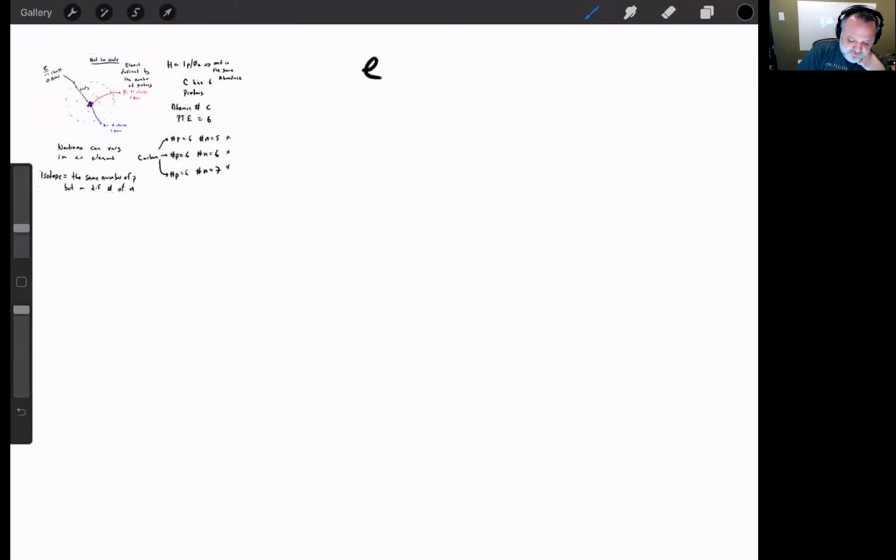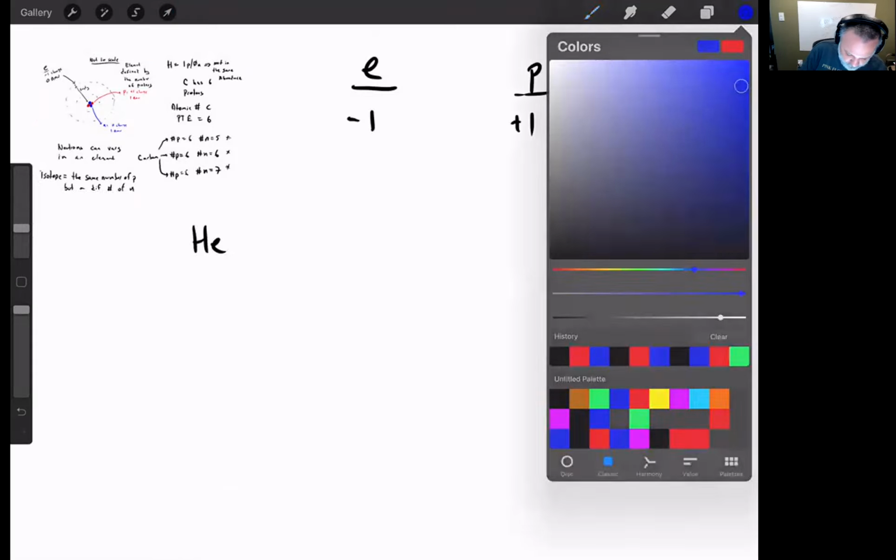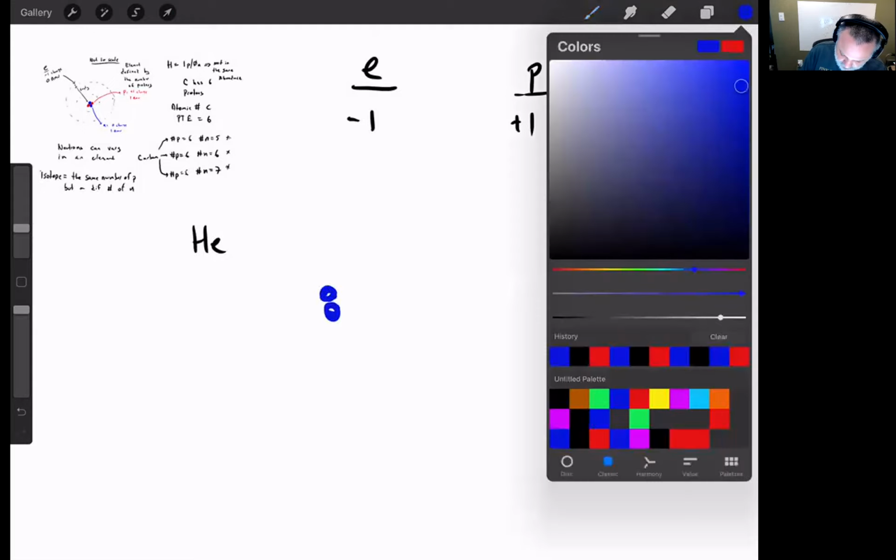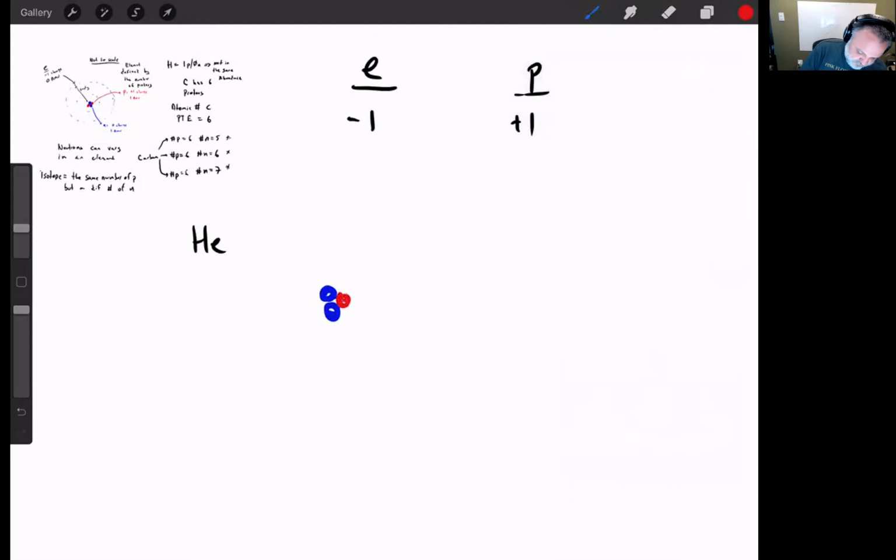Well, remember that we said that the electron has a -1 charge, and the proton has a +1 charge. Well, let's take a look at helium, because I only want to draw 4 dots: 2 neutrons, 2 protons, 2 electrons.